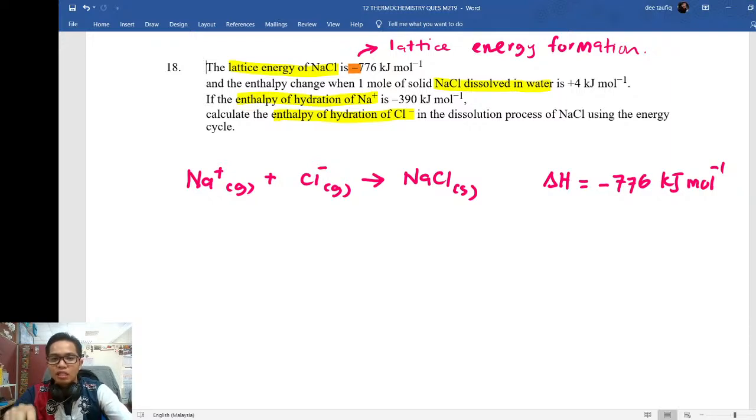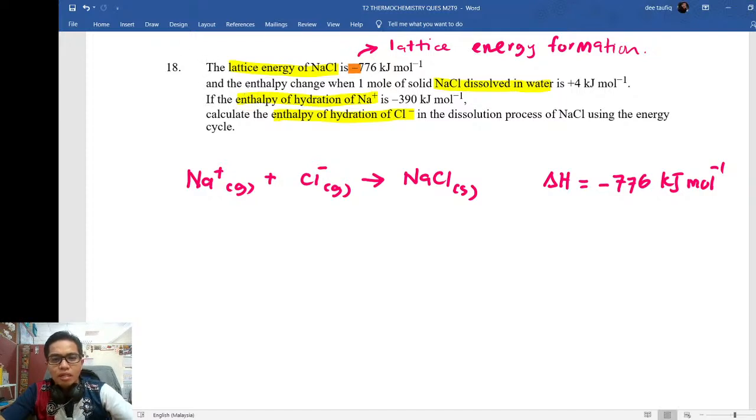Sebab lattice energy dia boleh bermaksud formation or dissociation. If you refer to question 6, we already covered two definitions: lattice energy formation and lattice energy dissociation. The only difference is the sign, plus minus. Formation will always be negative, dissociation always positive. But the question always says lattice energy only. Dia tak mention pun formation or dissociation. So you need to refer to your sign. Negative meaning formation. Right. So this is the first chemical equation.